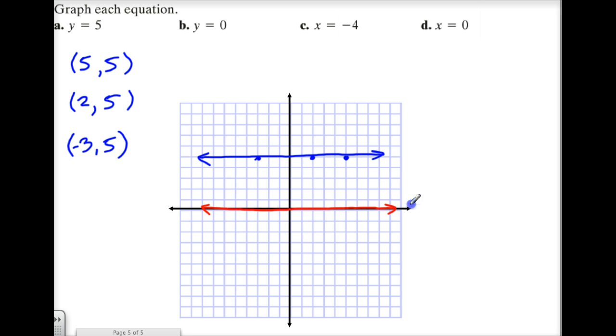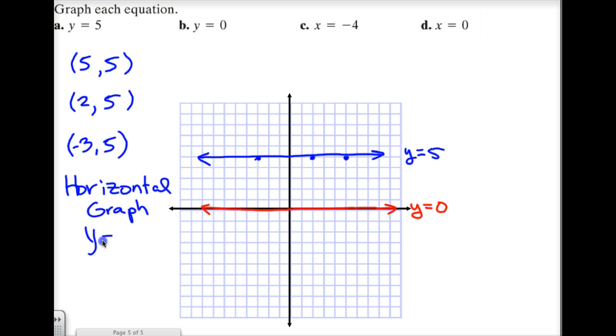So this one, y equals 0. This one was y equals 5. Notice that if it's y equals some number, it's a horizontal graph.